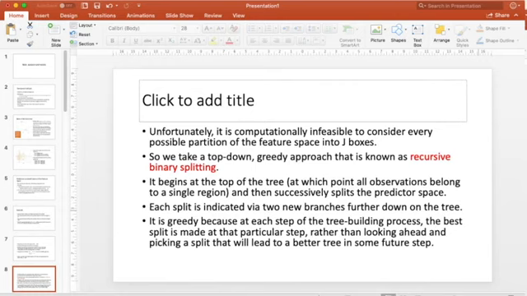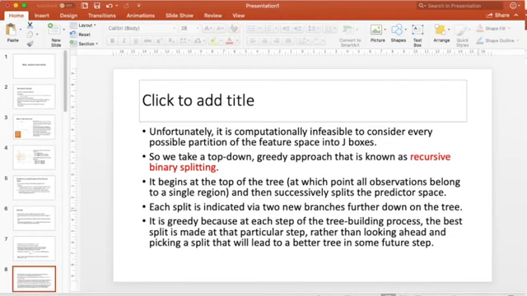However, if we try to do this manually, it is computationally infeasible to consider every possible partition of the feature space into J boxes. Imagine, using our Hitters data just now, you're trying to find segmentations based on years equal to 0.1, 0.2, 0.3, until 1 year of experience, 2 years of experience, 4 years of experience, and so on.